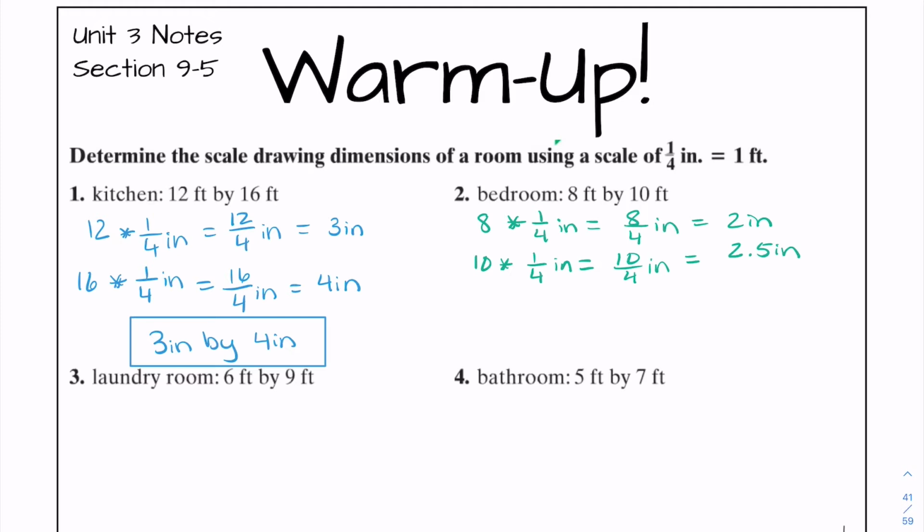We can write it in fraction form, I'll leave it as a fraction. 10/4 is 8 and another 2, so it's 2/4, or 1/2 inch. So the answer for this one is 2 inches by 2.5 inches.